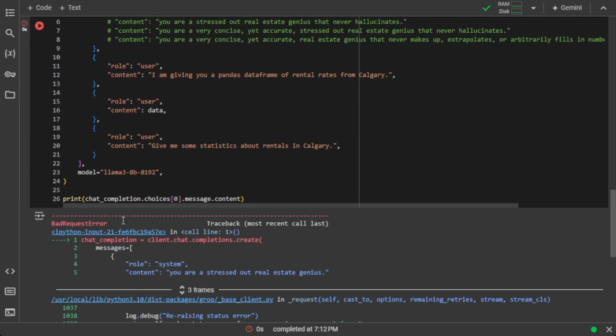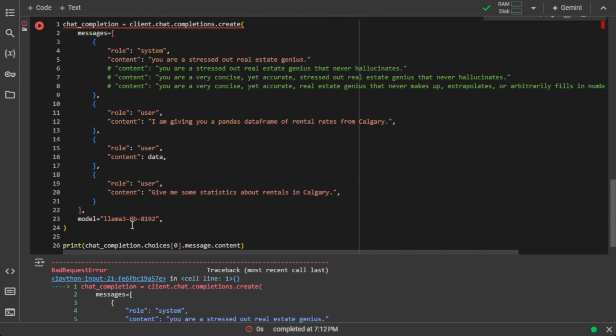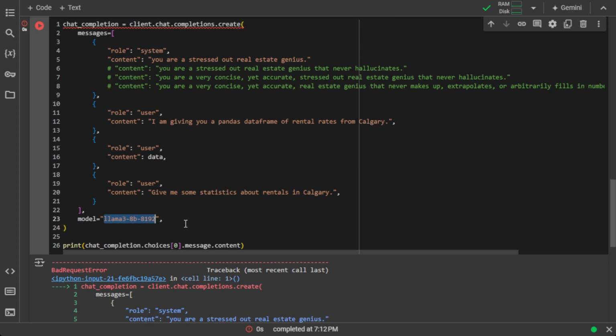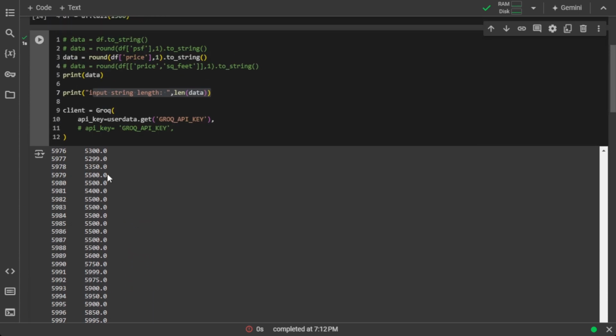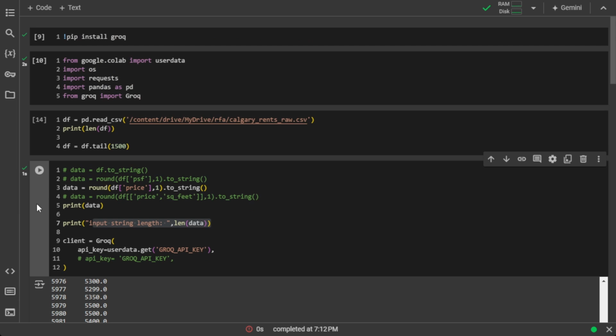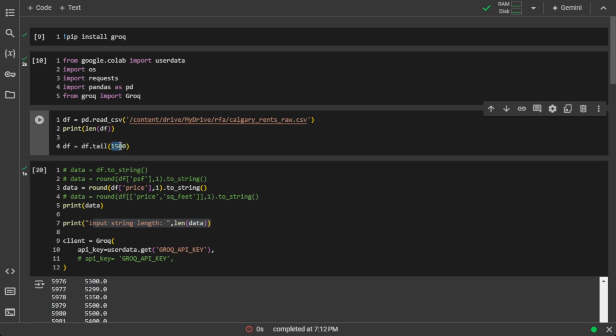The reason I chose this model is because it has some of the highest limits, I think their input limit is like 30,000 or 14,000 or something like that. And look at what I'm feeding it, right? That's why I'm showing this stuff, so we can all see it.